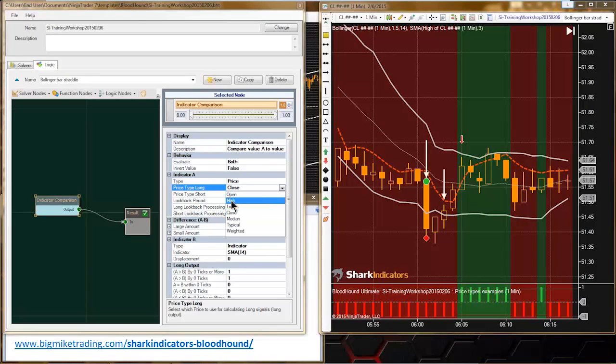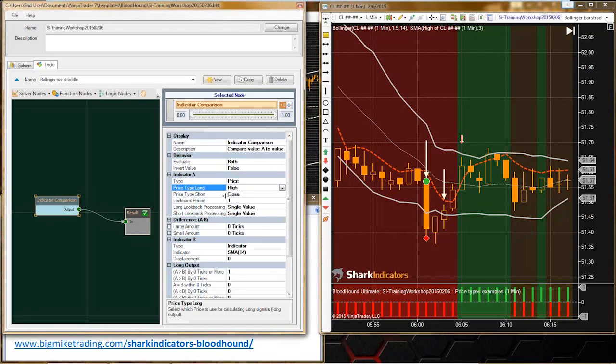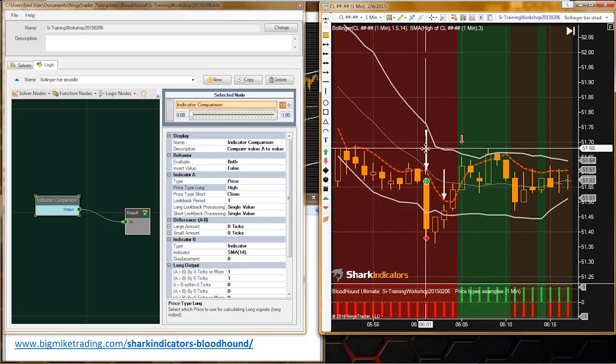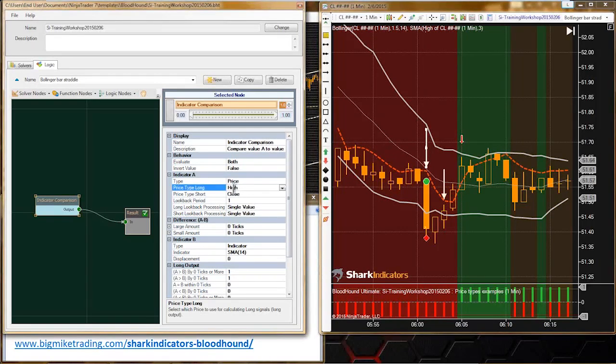Alright, so we want the high of the bar. For a long signal, on this bar here, I'm going to generate a long signal. So I want to check the high of the bar for a long signal. I'm just going to check a single value, just the value of that bar.